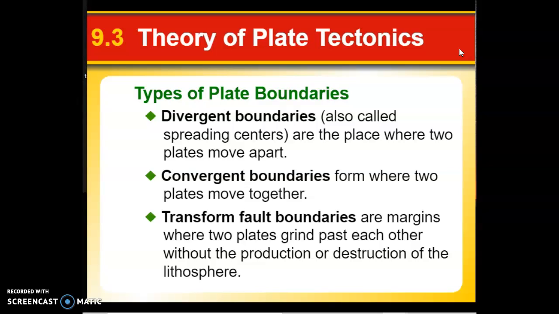Convergent plate boundaries form when two plates are moving towards each other, converging together. And finally, transform fault boundaries are margins where two plates are slipping past each other. They're not producing or destroying any part of the lithosphere. This type of plate boundary and the type of crust found on each side of the boundary determines what type of geologic activity will be found there.